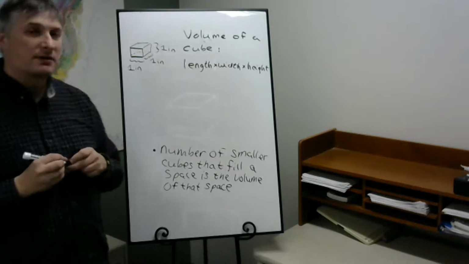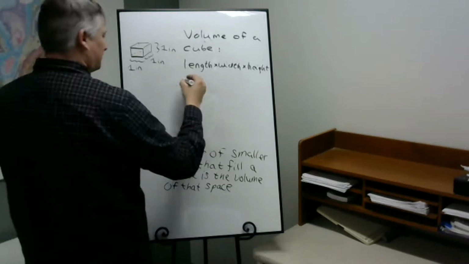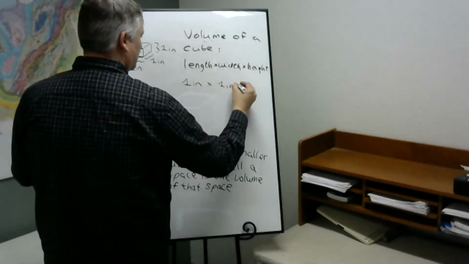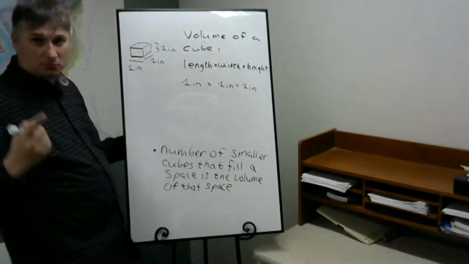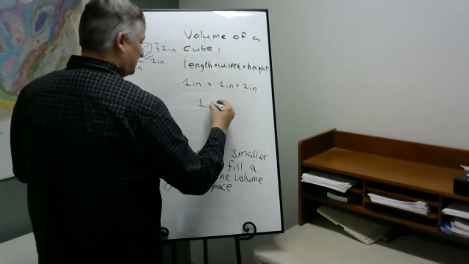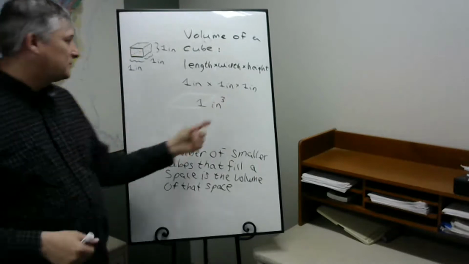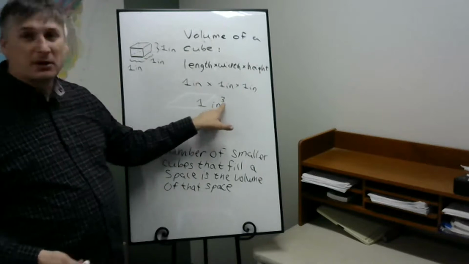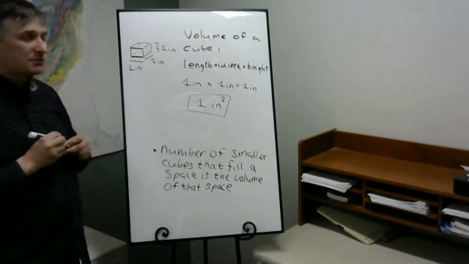It's length times width times height, or 1 inch times 1 inch times 1 inch. And 1 times 1 times 1 is 1. Inch times inch times inch is inches with a 3 on it, and we use the phrase cubed, inches cubed, when we talk about an inch with a 3 on it. So the volume of this little cube is 1 inch cubed.